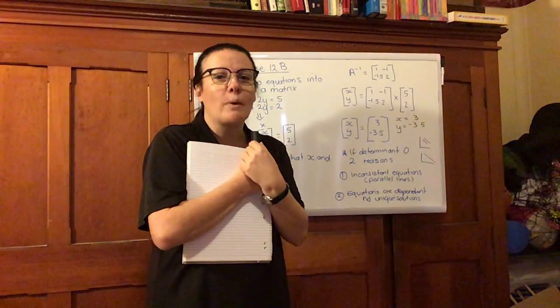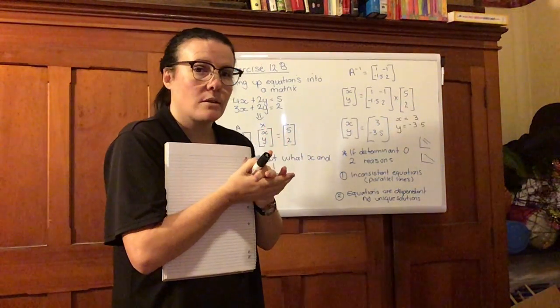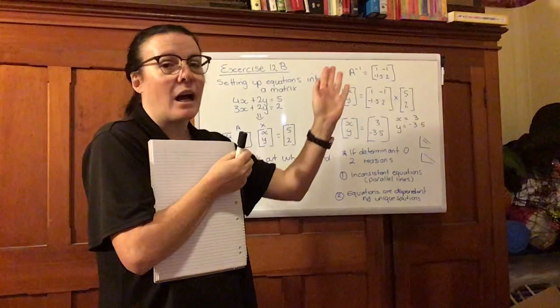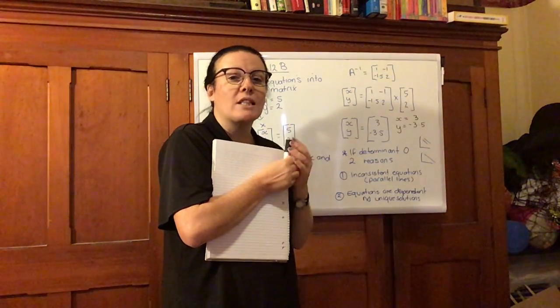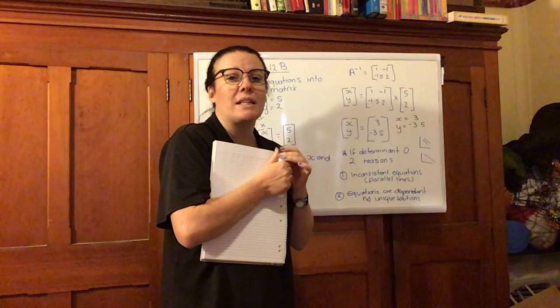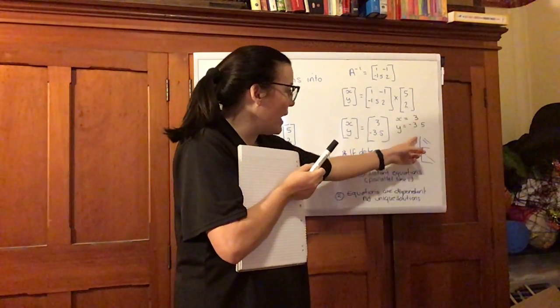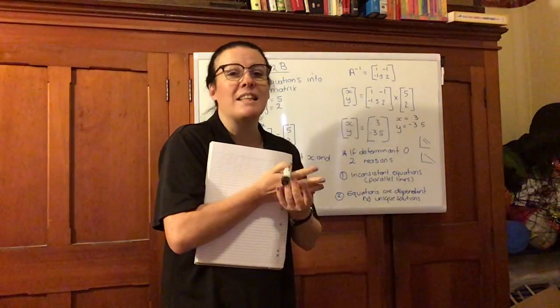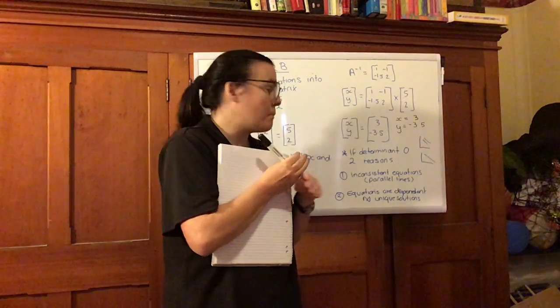There are two situations in which the lines are never going to cross. That would be parallel lines, and your determinant would be 0. So if you worked out the determinant and the determinant is 0, it means one of two things. You either have parallel lines, therefore the lines are never going to cross. So there's no intersection point.